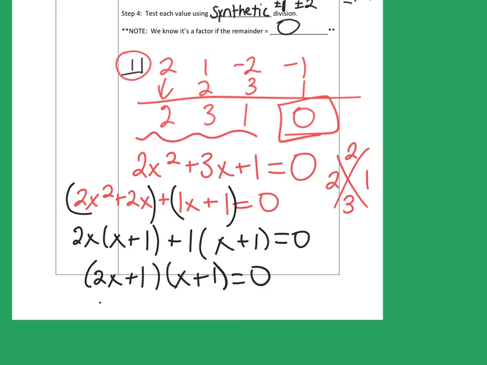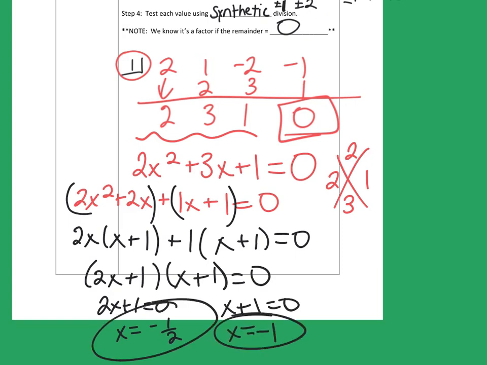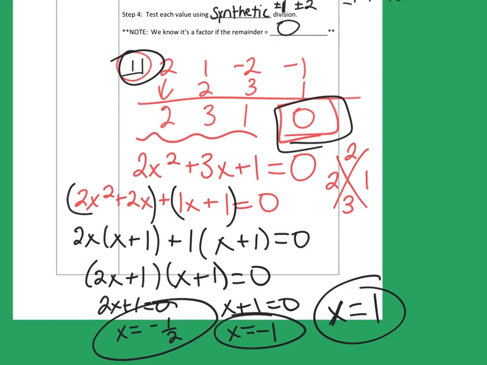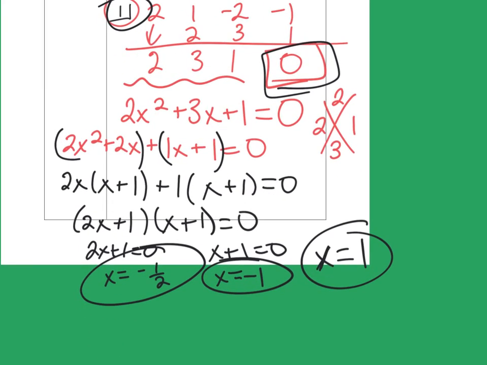So now I set both of those terms equal to 0. So x is going to equal -1/2. x is going to equal -1. And x is going to equal +1, because that was the term, my ledge guy, that worked. Okay? So those are my 3 answers, and that is how I use this.